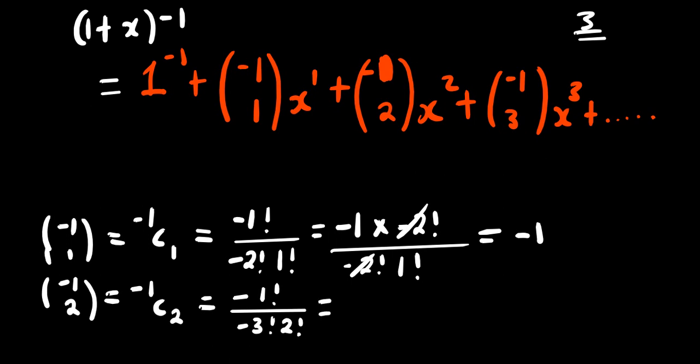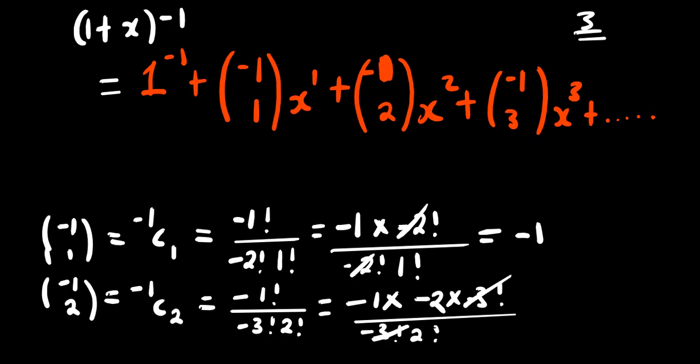On top it will be negative 1 multiplied by negative 2 multiplied by negative 3 factorial, over negative 3 factorial and 2 factorial. The negative 3 factorials cancel, then 2 into 2 is 1, then 2 into negative 2 is negative 1.